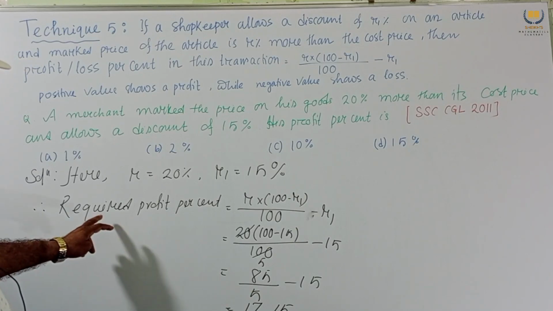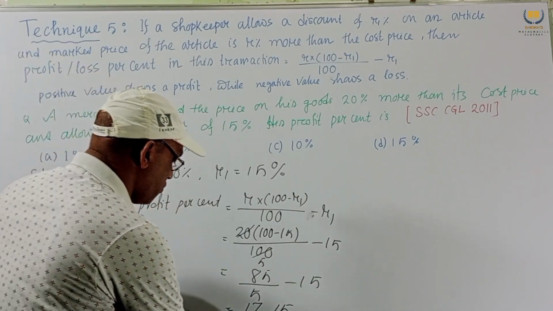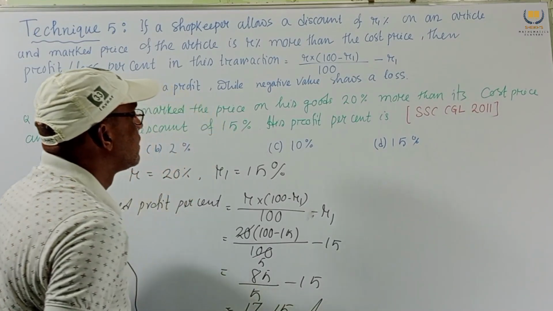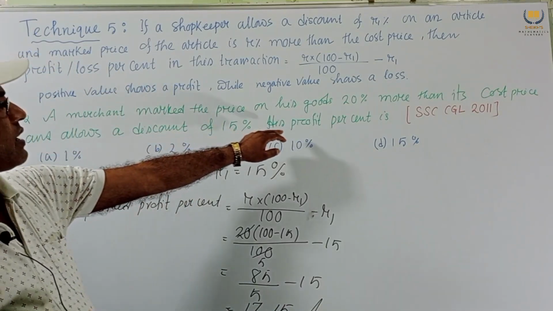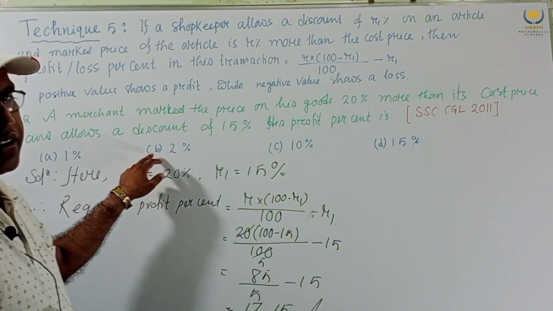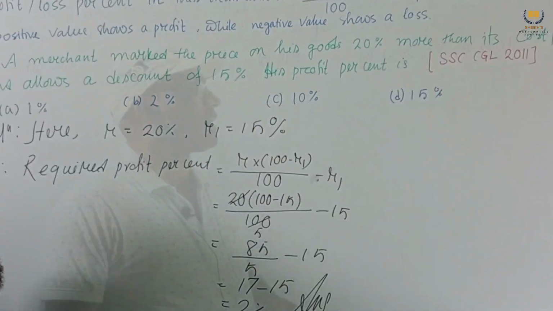Answer is 2%. Profit percent is 2%, and this is our final answer. So his profit percent is 2%. Answer B, this is the correct answer. Consider another problem.